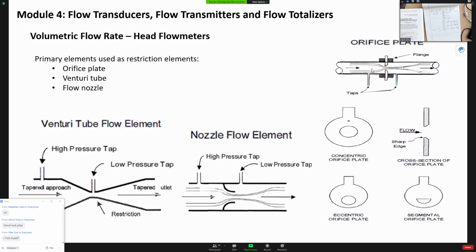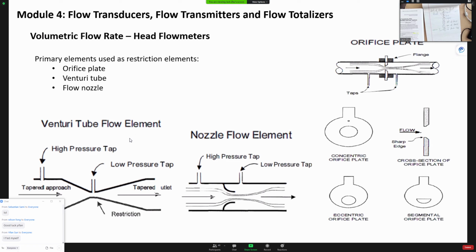It depends on what type of flow you have inside. Say if you have a liquid and gas mixed, they will try to measure the liquid flow rate, so they will use those types. If the whole pipe is filled with liquid, then they will use the concentric one. They all have their own advantages and disadvantages. Some are more expensive, like this one, but they measure very accurately.